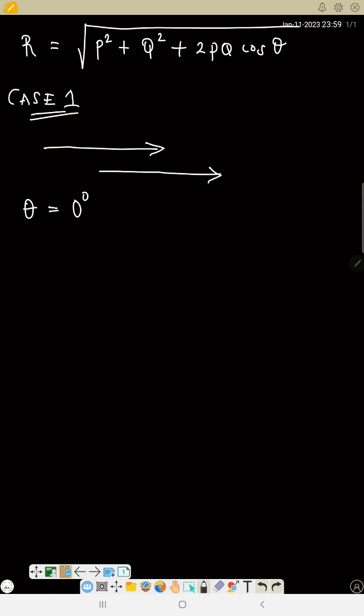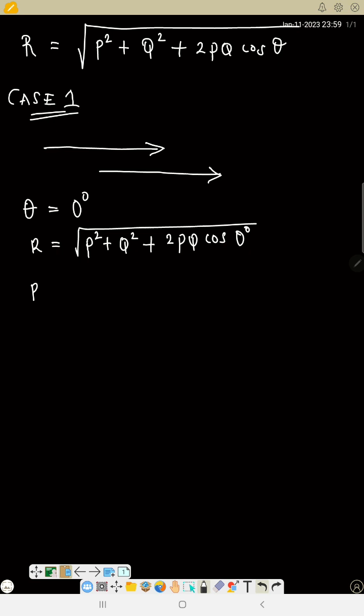Now theta is 0, so put theta to be 0 here. So r is equal to the square root of p square plus q square plus 2pq cos 0.